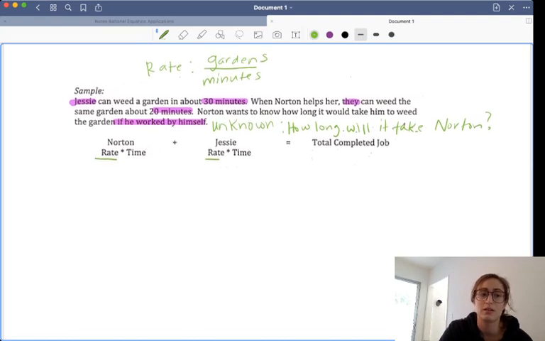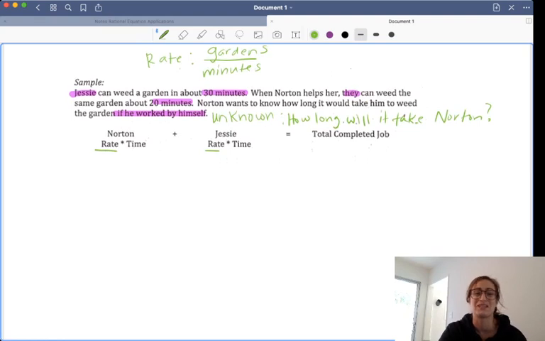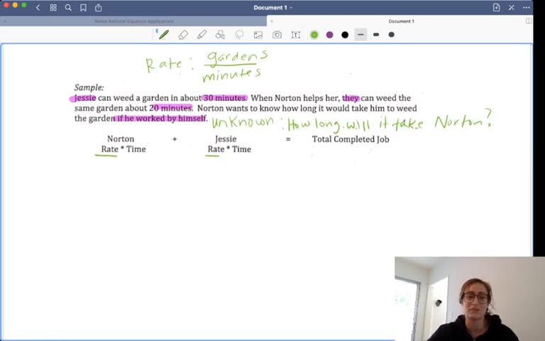So Jesse can weed 1 garden in 30 minutes. So Jesse's rate is 1 over 30. 1 garden in 30 minutes, okay? Norton's rate is what we don't know. So he's going to be 1 over x, okay?